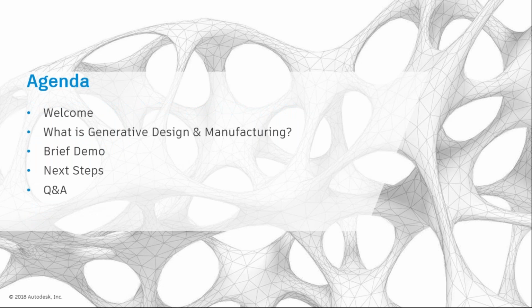So just to give you a heads up on what the agenda will be, we're going to discuss what is generative design for manufacturing. We will give you a brief demo. Once we're done with those items, we will talk about what your next steps might be if you want to learn more or have somebody from Autodesk reach out to provide some more information.